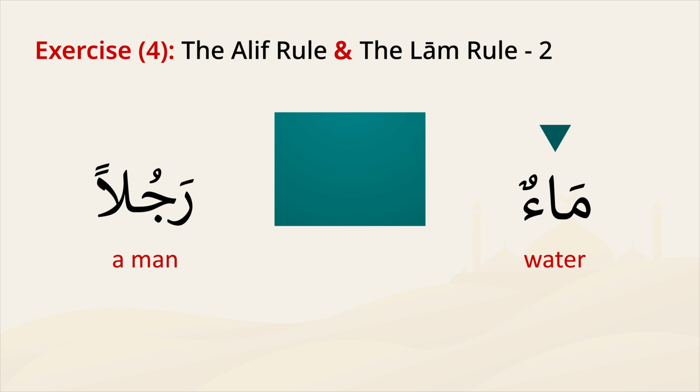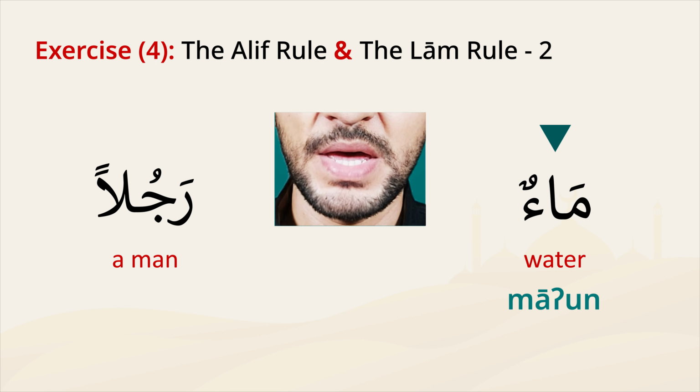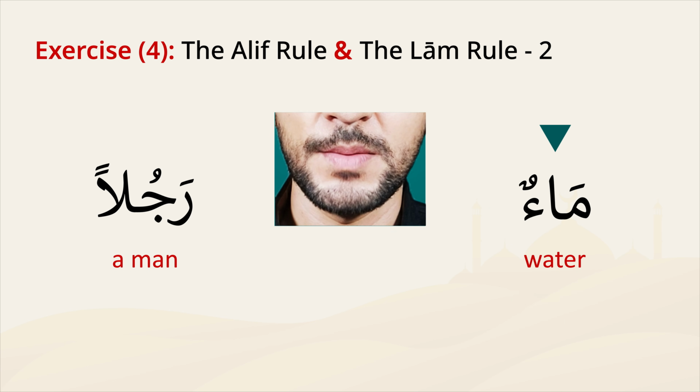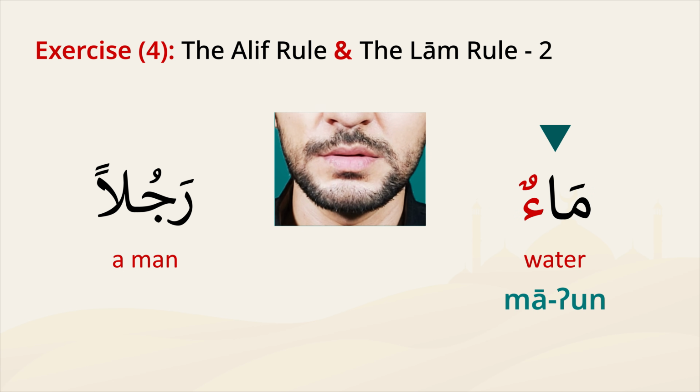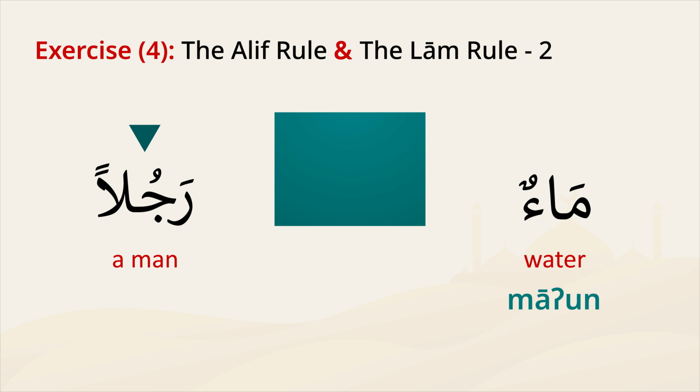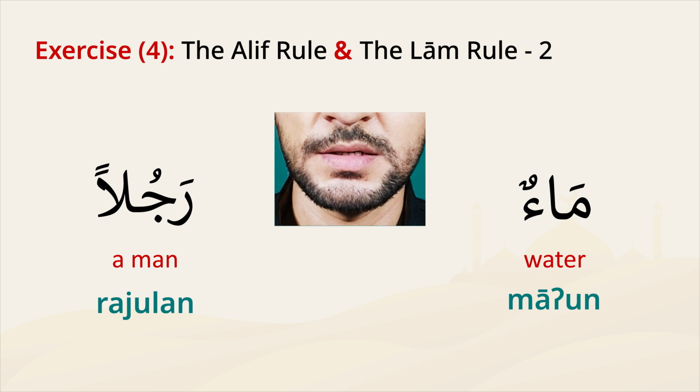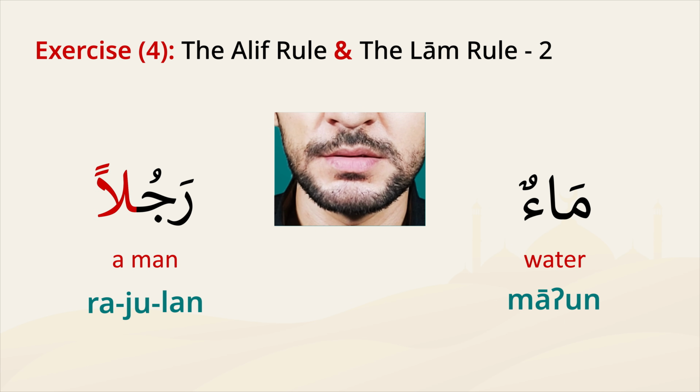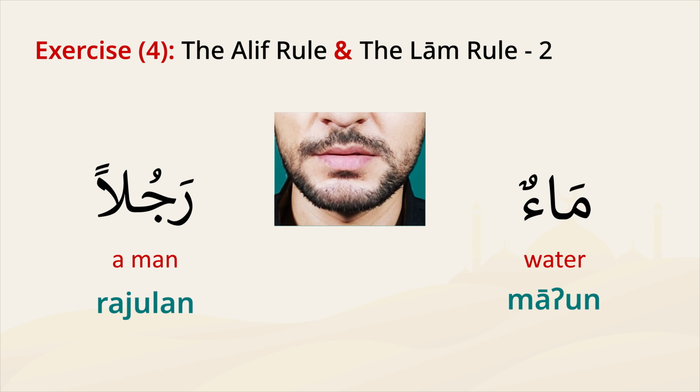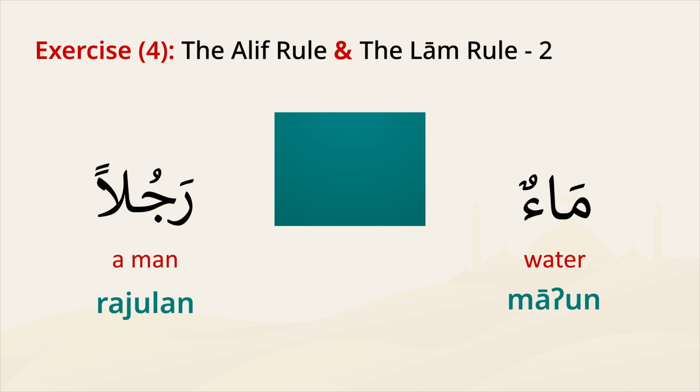Well, the first one is gonna be ma'un in 2 syllables. And the second will be rajulan in 3 syllables. Now let's make them definite.